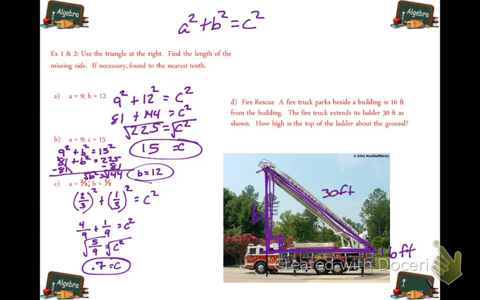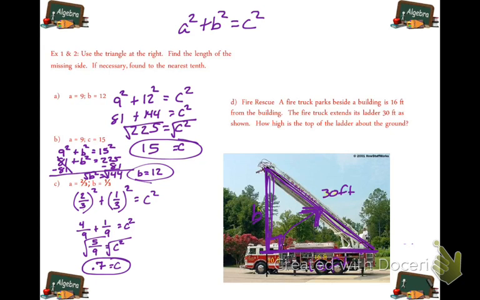Here's our right angle. So, I'm going to put 16 feet underneath that line. 16 feet. Okay, so we are not sure about B. We do have C though. C would be this one right here. That's our 30.